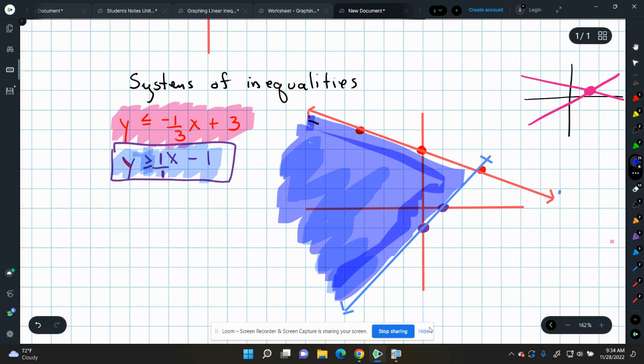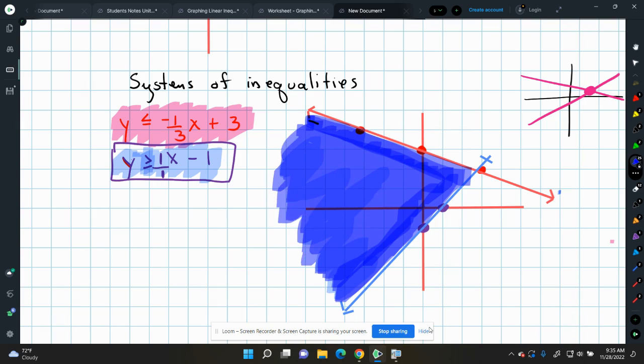This is my solution right here. This little wedge here. It's where the two shaded areas overlap. That's the solution to my system of inequalities.